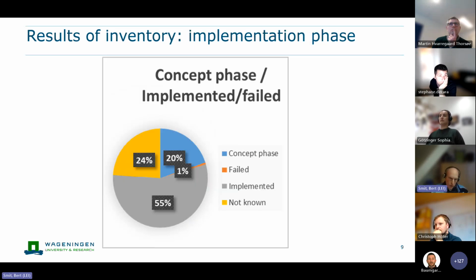The implementation phase. This inventory was done last year, and we see that things are going quite quickly now, but at that moment we saw that 55% of the schemes in the inventory had already been implemented. 20% was in the concept phase, and there was also one scheme that failed.